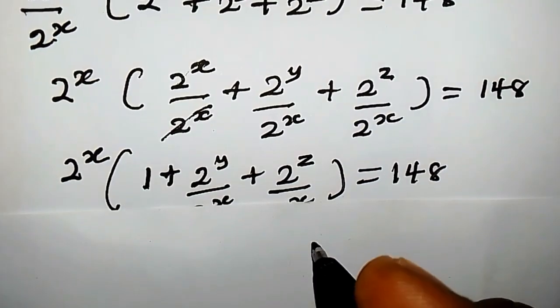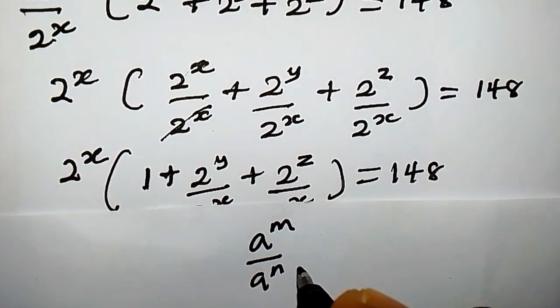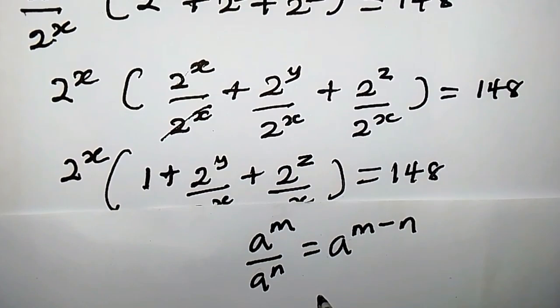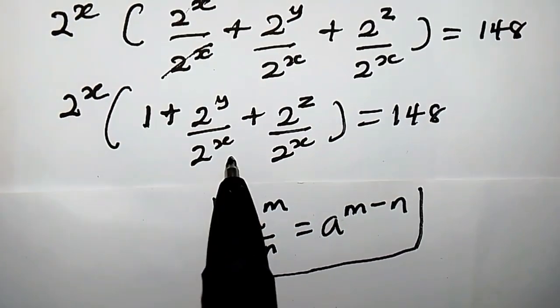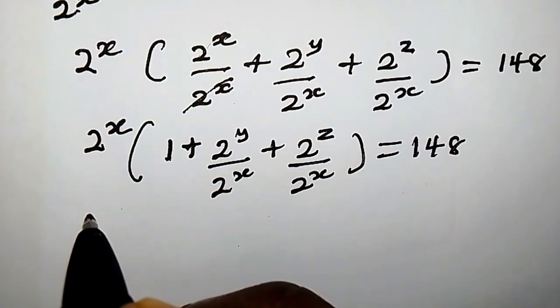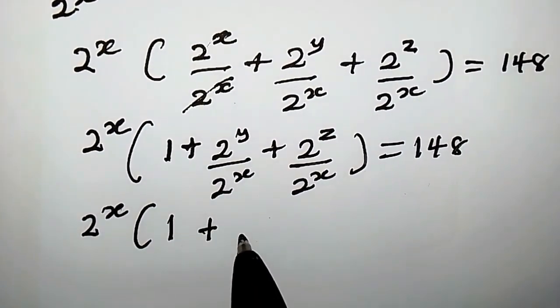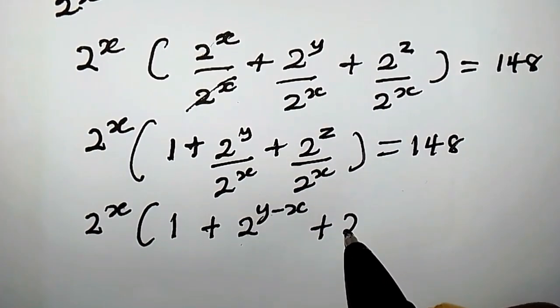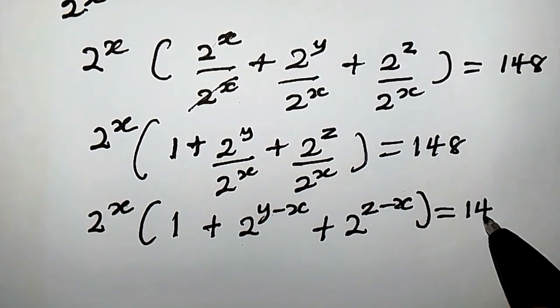Recall that whenever we have a to the power of m over a to the power of n, it is the same thing as a to the power of m minus n. This is by the laws of indices. We are going to apply this property to each of these terms. So we're going to have 2 to the power of x into 1 plus 2 to the power of y minus x plus 2 to the power of z minus x, equals 148.